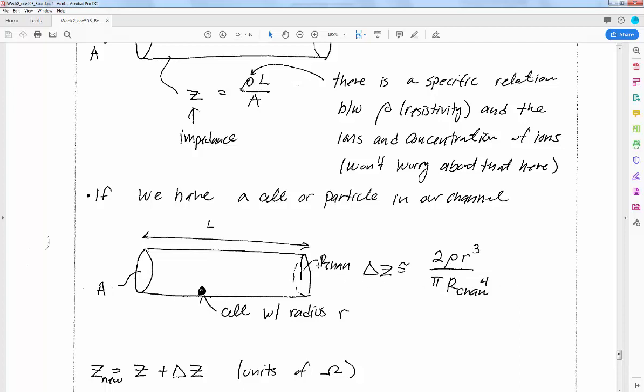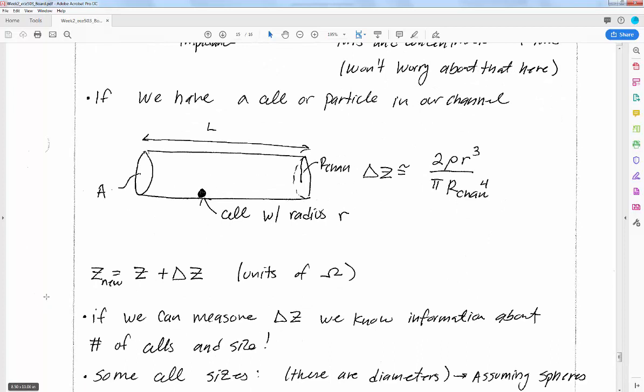That's why I don't use capital R for resistance here. We're using impedance just to keep our symbols from crossing over. So with that, you can figure out what the new impedance will be, and it's in units of ohms.